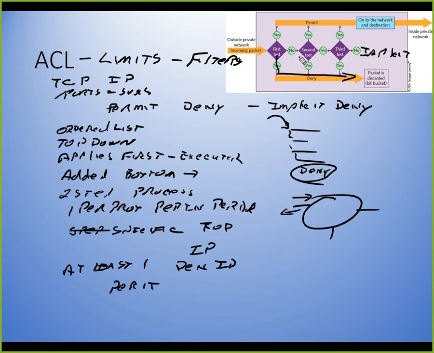There were no statements after that. We didn't have anything else, so the next thing was an implicit deny. So what we have to have is at least one permit statement in an access control list in order to make it work.